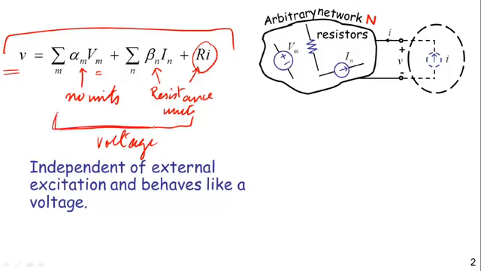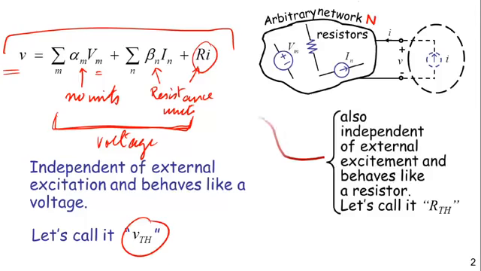So the first part, comprising the VMs and the INs, behaves like a voltage and is independent of external excitation. I'm going to call it VTH. Don't worry about why I'm calling it VTH right now. That's the first component, independent of external excitation and behaving like a voltage.